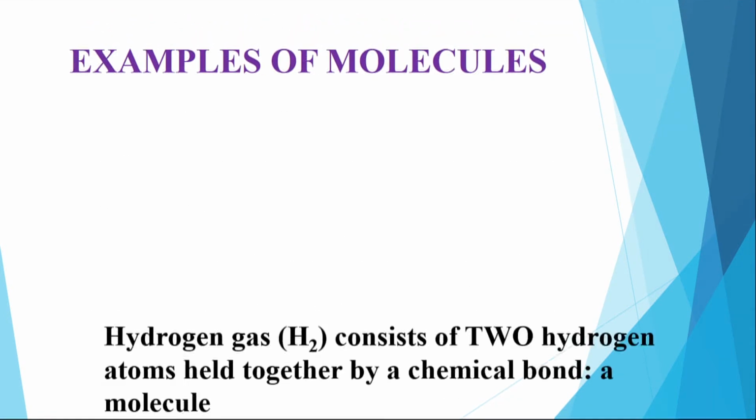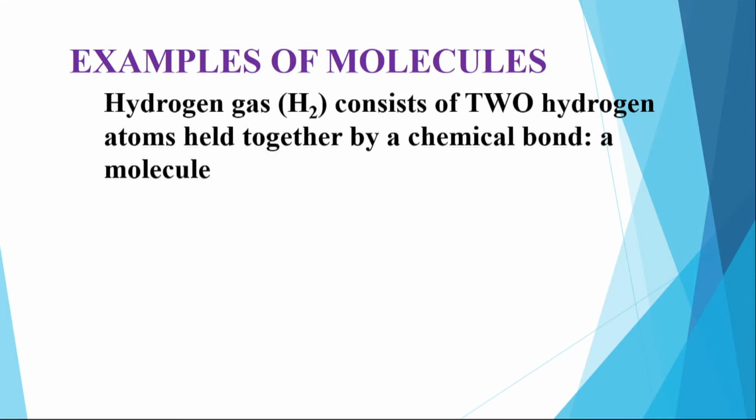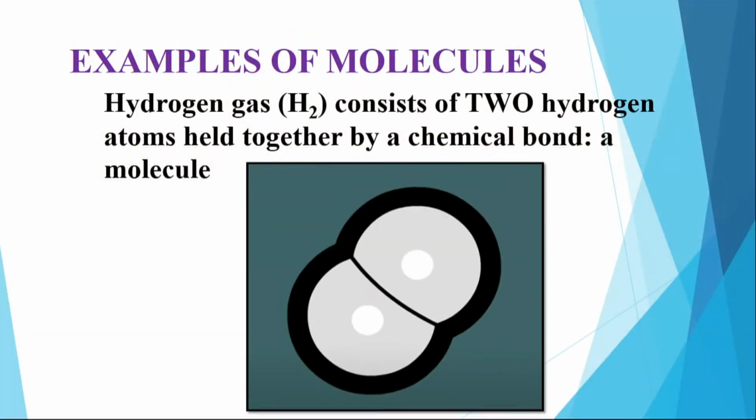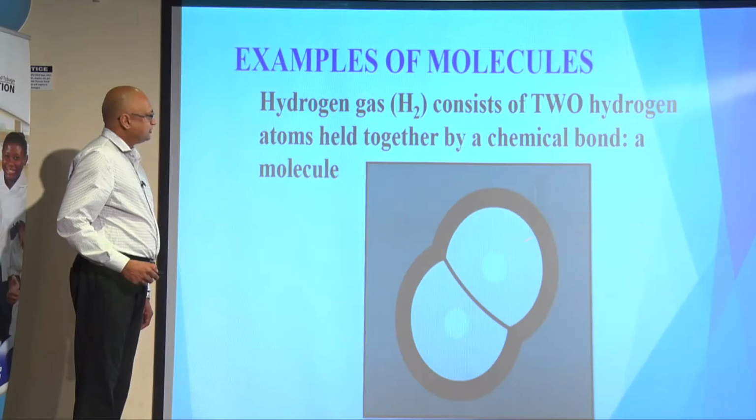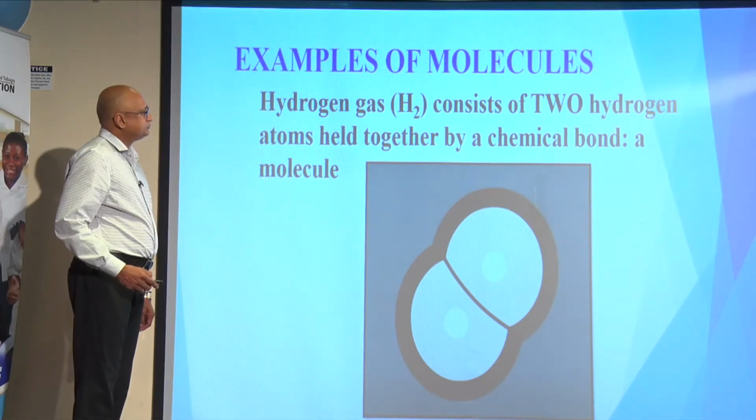Examples of molecules: hydrogen gas consists of two hydrogen atoms held together by a chemical bond, and this here is a molecule. Now remember, we said the molecule could consist of atoms of the same elements. You have here two hydrogen atoms coming together to form your molecule.